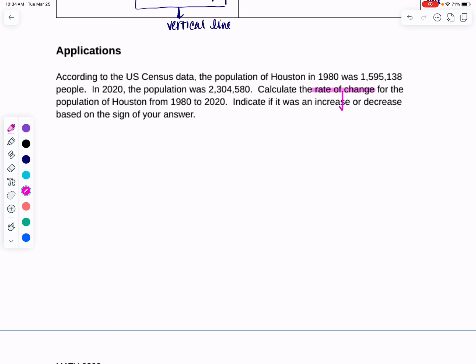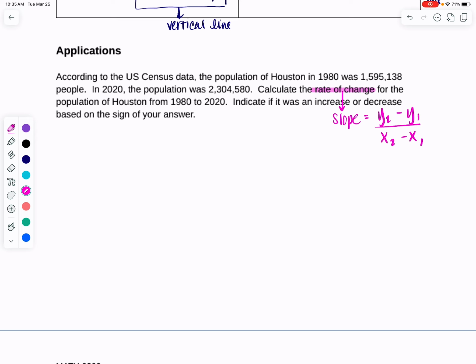Rate of change means slope. That means y2 minus y1 over x2 minus x1. So that's what we're going to do.